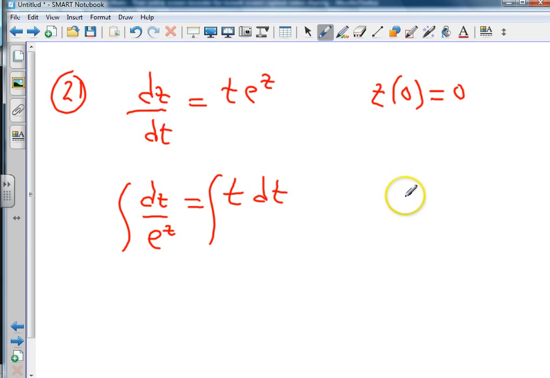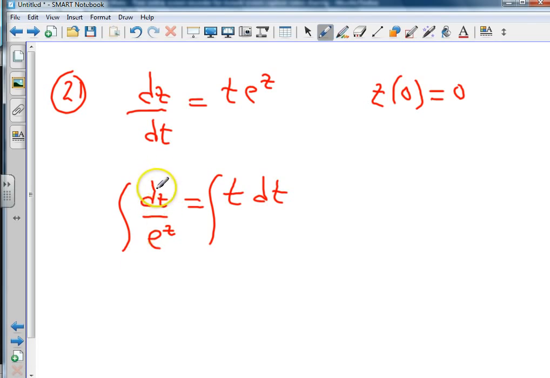What's u? Because if you make u e to the z, du is not dz. It's not a constant multiple of dz either. You can only do your substitution if you end up with a multiple of dz: dz times 2, dz over 3, dz times negative 5. If u is e to the z, du is e to the z dz. It's too complicated. Not u-sub yet. But you can make it u-sub.